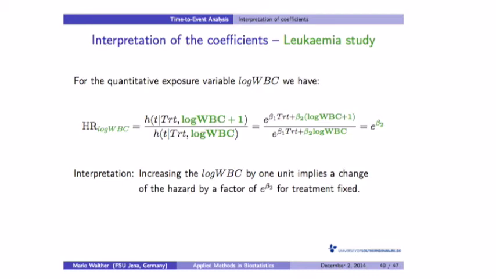In the denominator, we have the hazard function for a certain combination of exposure variables, and in the numerator, we again have the hazard function of a certain combination of exposure variables, which is different from this combination. This quotient yields the hazard rate ratio. So this ratio can be less than 1, equal to 1, or greater than 1.